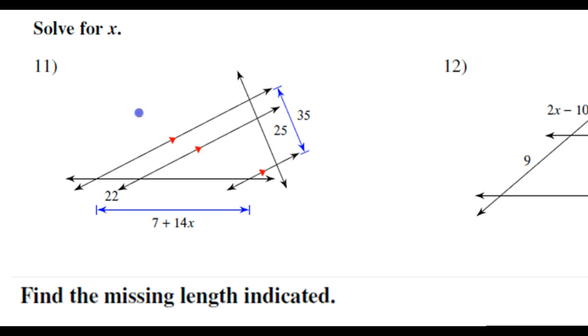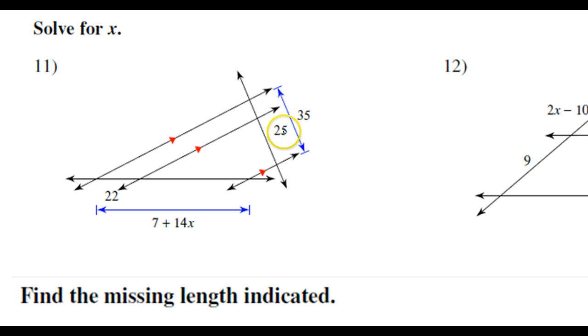So that's what we're going to do in problem number 11. Since we have the whole, and 35 over here is the whole, we might as well do this part over whole thing. But we need the part that corresponds with the 22.